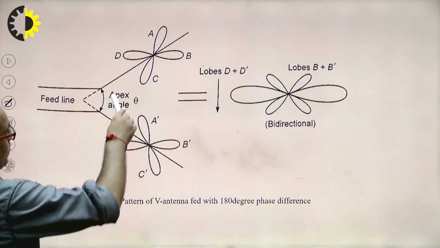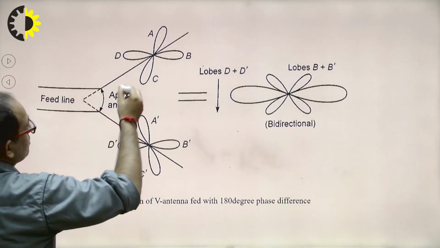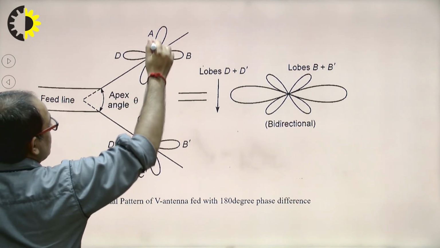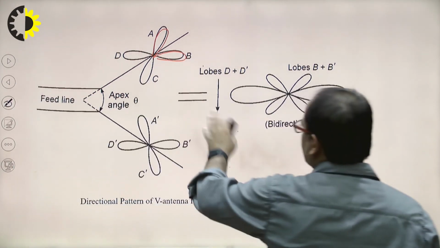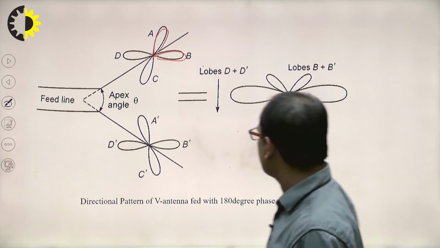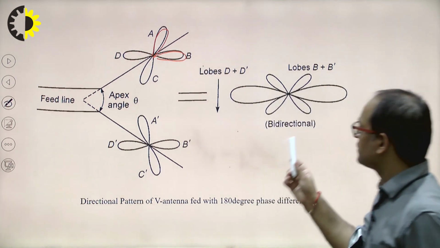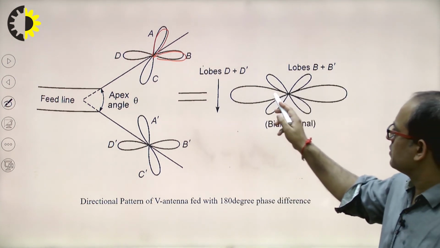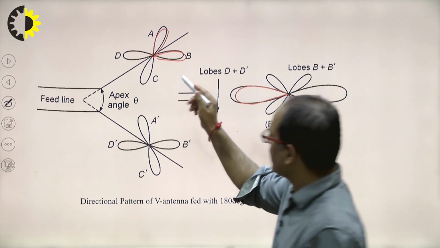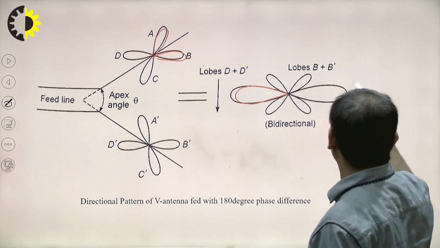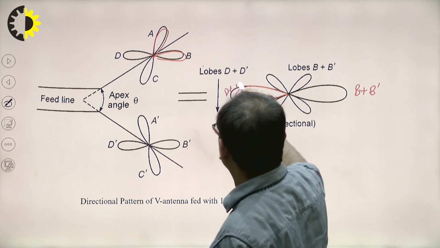Now see this one. As this dipole is unterminated, there may be a radiation pattern like this one. Clear? Now what will the overall radiation pattern be? As we know, you will see that B plus B dash will get added, and D plus D dash will also get added. Clear?